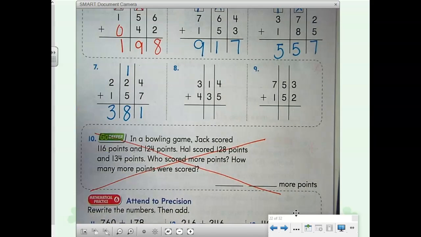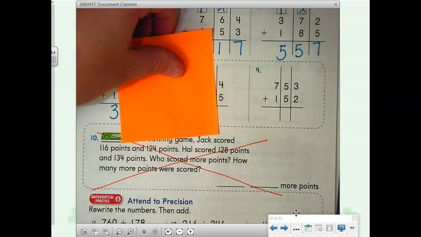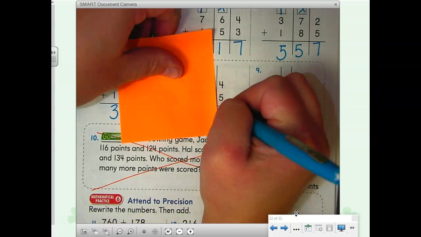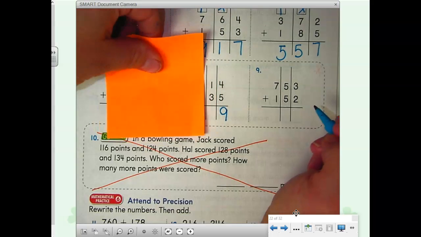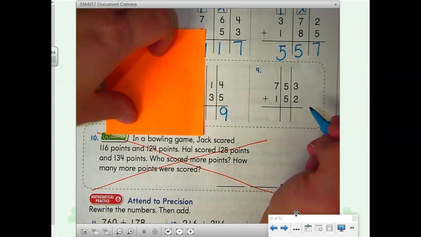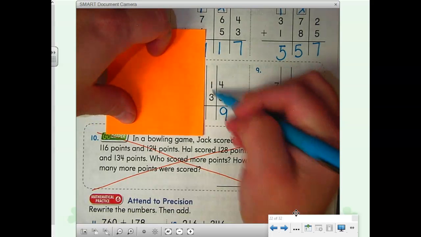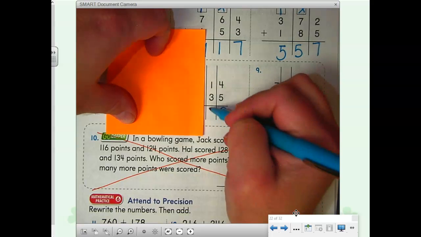All right, number 8. 314 plus 435. Start with my ones column. 4 plus 5 equals 9. Do I need to regroup? No. So I can leave it alone. 1 plus 3 is 4.